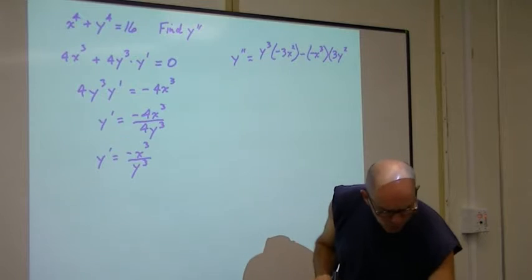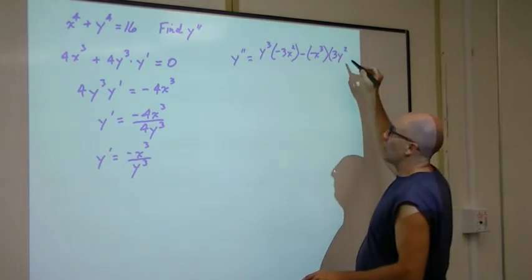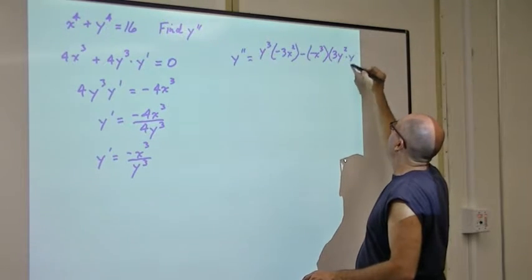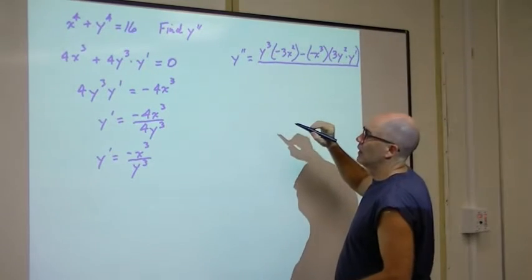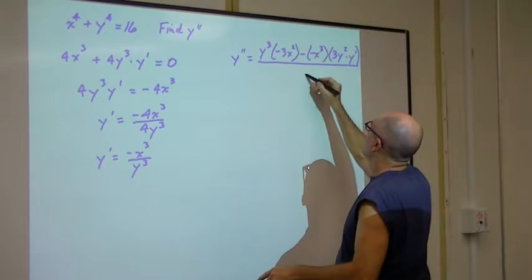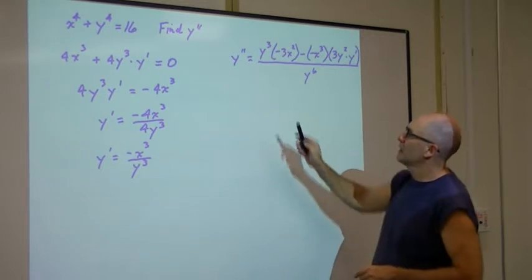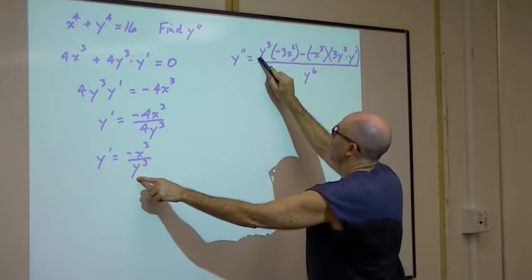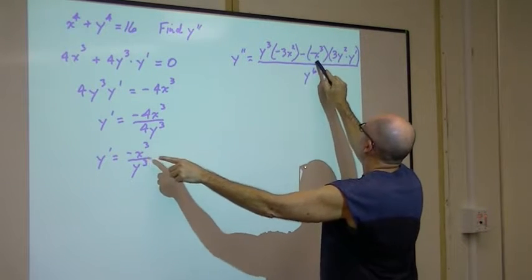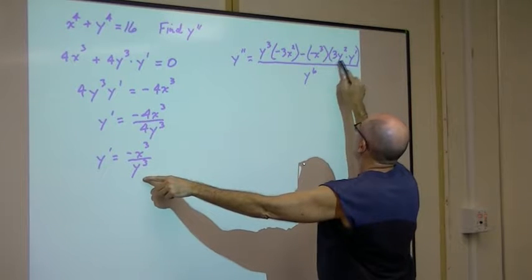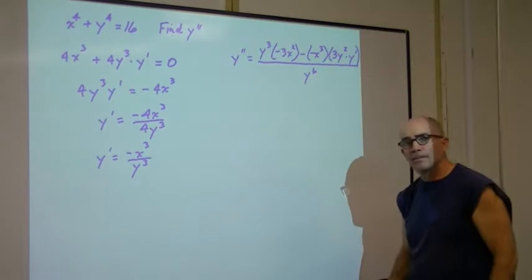And we've got the chain rule, so 3y squared y prime over y to the sixth. So let's go over that. It's low d high minus high d low with the chain rule, square the bottom, and away we go.